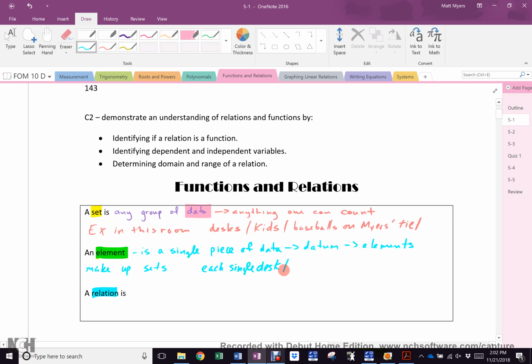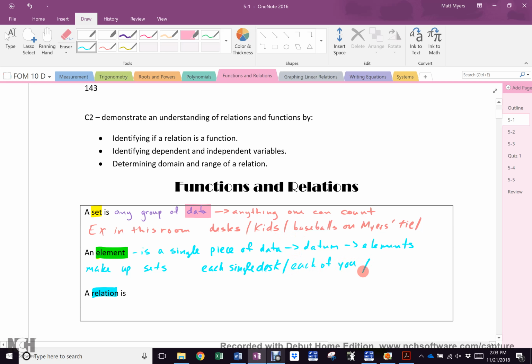Kids. What are the elements that make up the set of kids? All of you. Tiana's an element. Nick is an element. When all those elements are put together, it makes the set of kids. Everybody cool? So these kids, the elements are each of you.